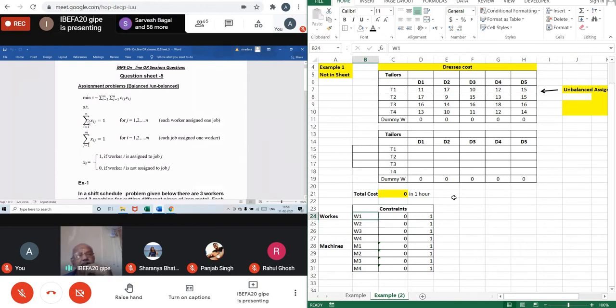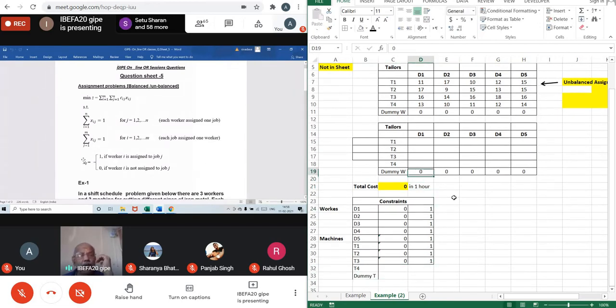Row totals are 1, column totals are 1. X is 1 if the worker is assigned to the jth job, 0 otherwise. This is the mathematical model for the solver.